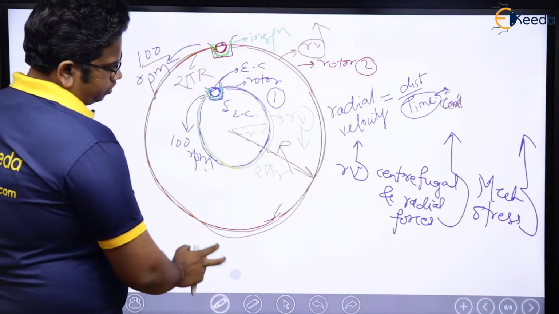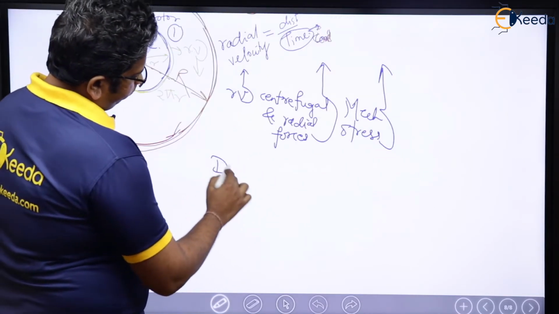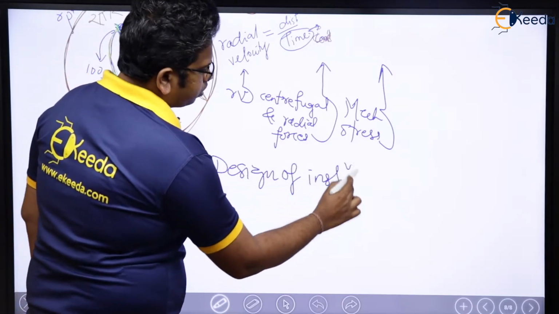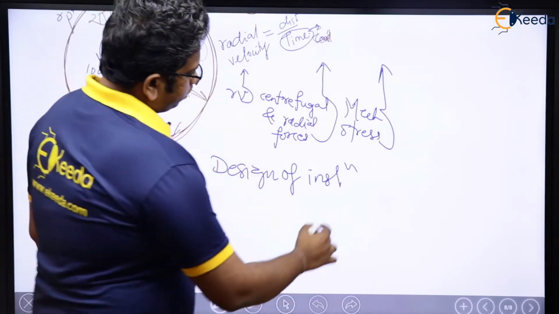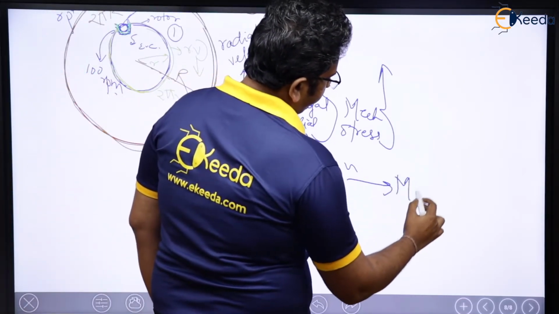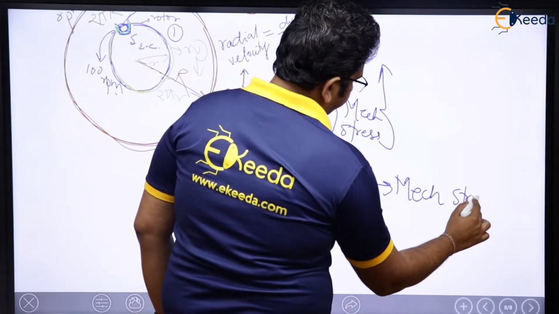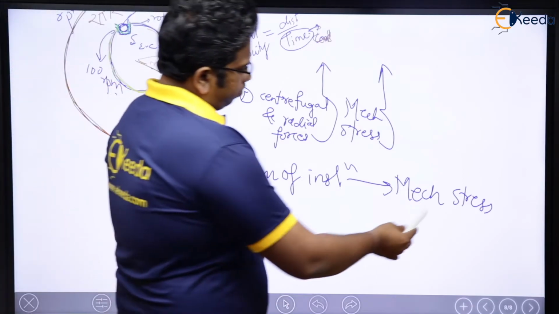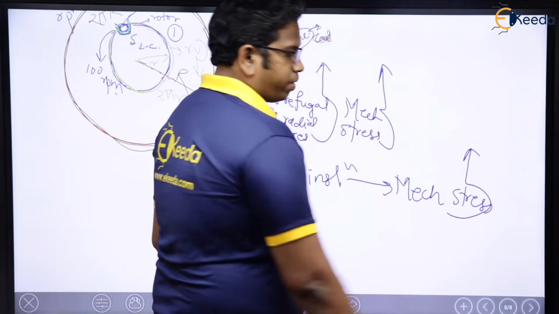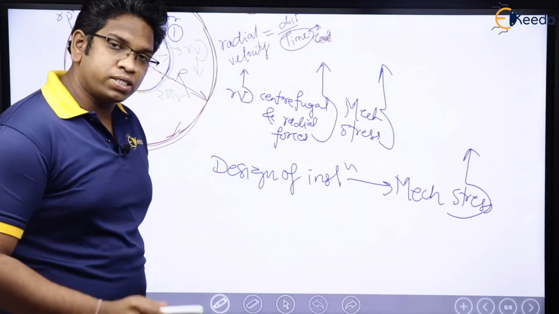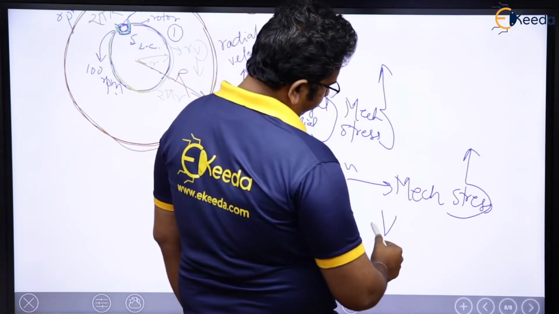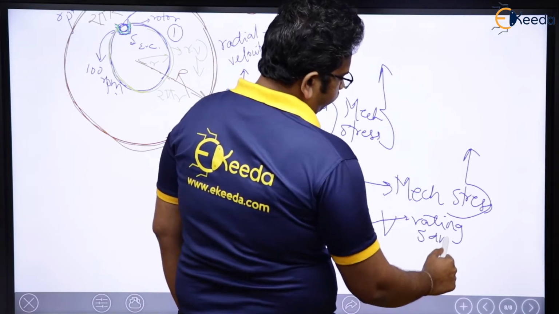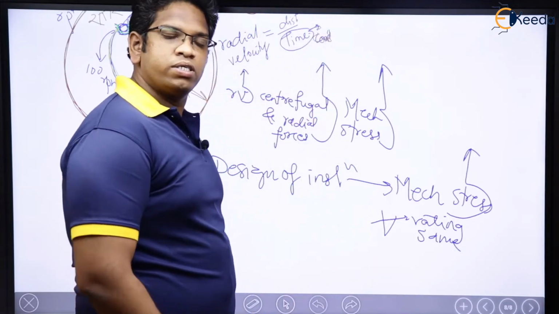Now we know that the design of insulation is also dependent on mechanical stress. Already we have discussed this. Design of insulation depends on mechanical stress, which means if mechanical stress is more, then for the same voltage rating, insulation will fail, right?